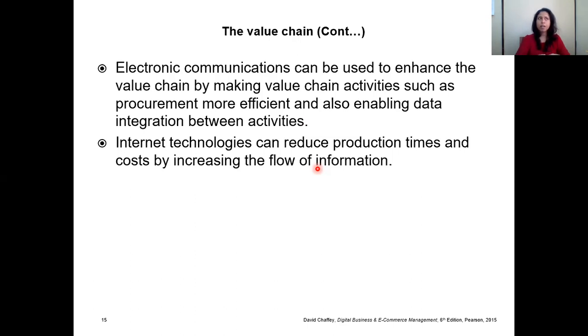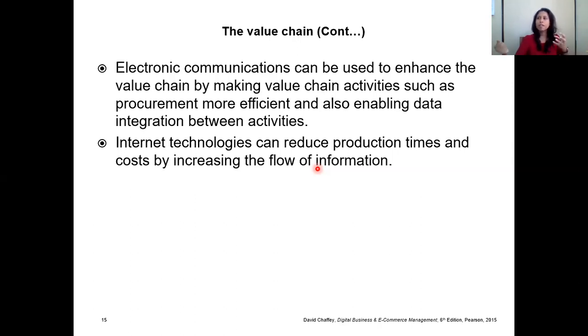For example, you can reduce unnecessary time that is taken for production by communicating clearly between the external parties of the organization, such as the wholesalers or retailers and our suppliers, right?